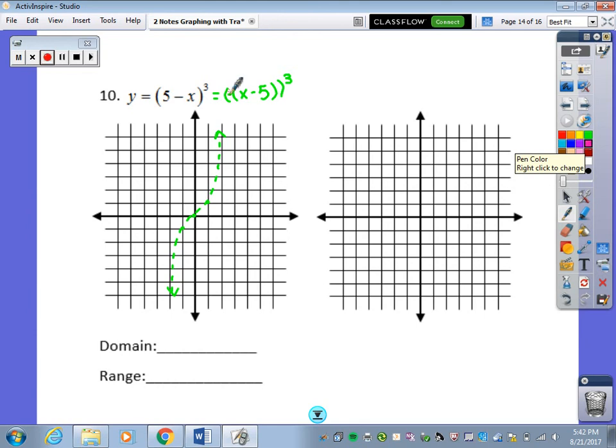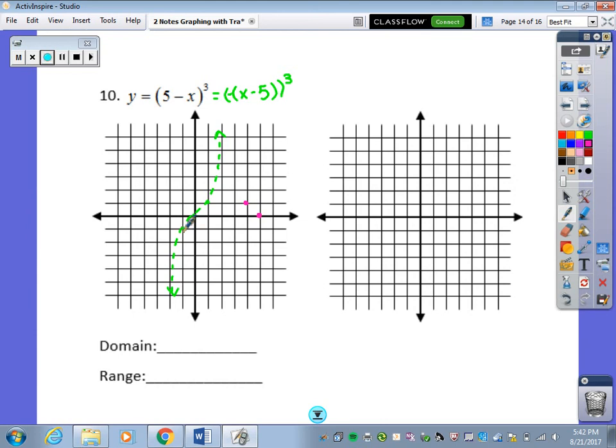It is in the same order as multiplying things because it's on the outside there. So the first thing we're going to do, 0 can't be flipped over any axis. It's already on the axis. And now we're going to want to move it to the right 5. So 1, 2, 3, 4, 5. We have a point right here. Now let's look at this point. First thing, flip it over the y-axis. Flip, move it to the right 5. 1, 2, 3, 4, 5.